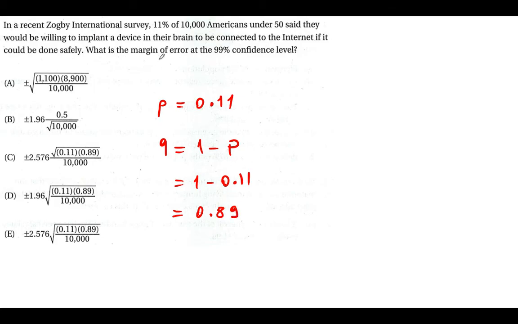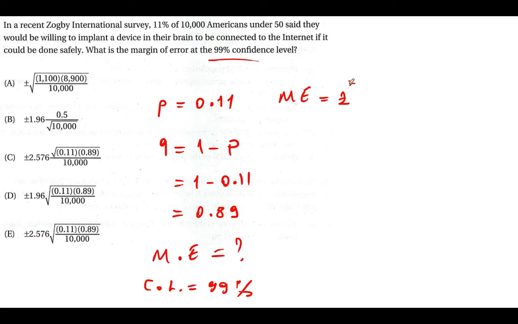So what is the margin of error for the 99% confidence level? So the confidence level is 99%, and margin of error is the question. So we should know this one. Margin of error is equal to my critical z value times the standard error of my proportion.